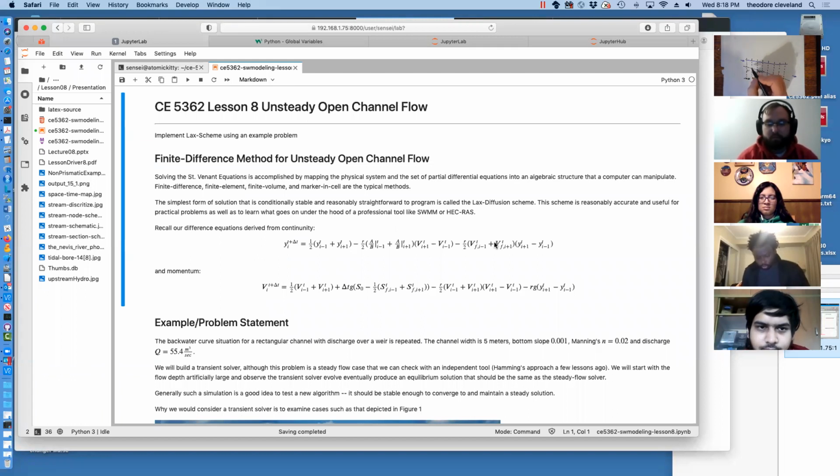And as time progresses, it says that whatever the new depth is going to be is based on the depth to the left where it currently is and to the right. Similarly for velocity. But when we get to the new time level, we need to know the value of depth. And so I have time moving up. Forget the blue line that's confusing the heck out of you right now. At the new time level, we need to know what the depth and or velocity is at that location.